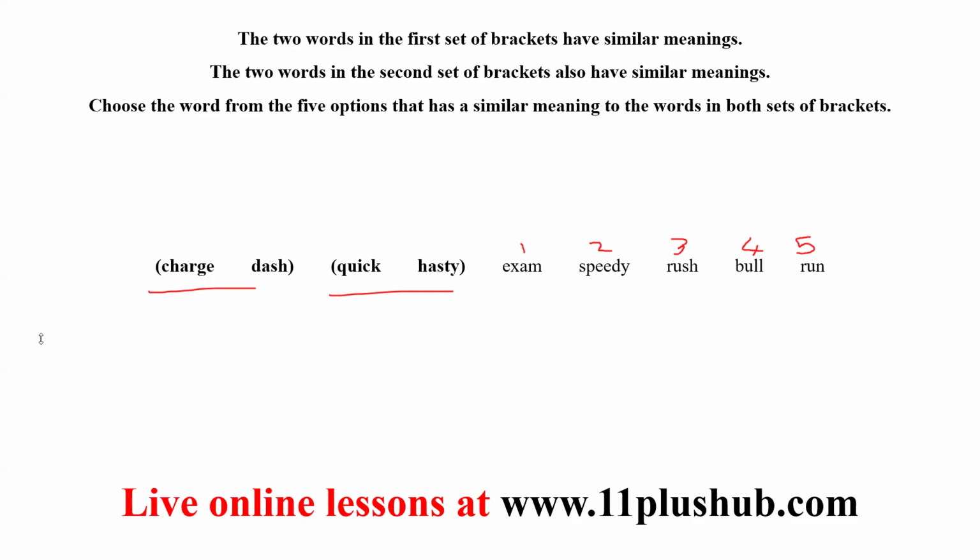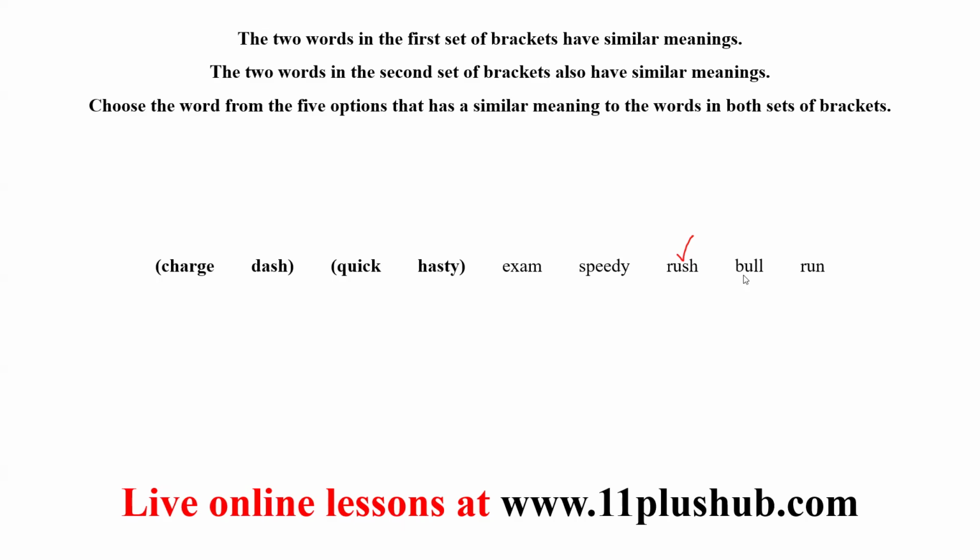I think the answer is 3 because exam has nothing to do with rushing. Speedy we'll come back to it. A bull is just an animal that goes fast, not a word that comes fast. Run also is quick.